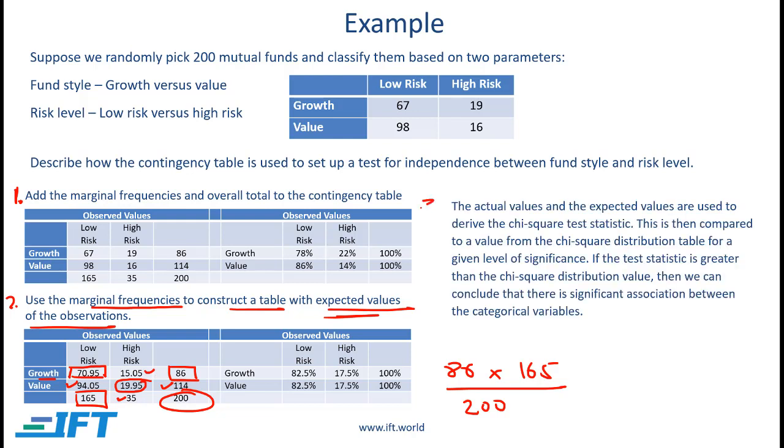Then step 3 is to use the actual values and the expected values to derive what is called the chi-square test statistic. This statistic is then compared to a value from the chi-square distribution table for a given level of significance. If the test statistic is greater than the chi-square distribution value, then we can conclude that there is a significant association between the categorical variables.